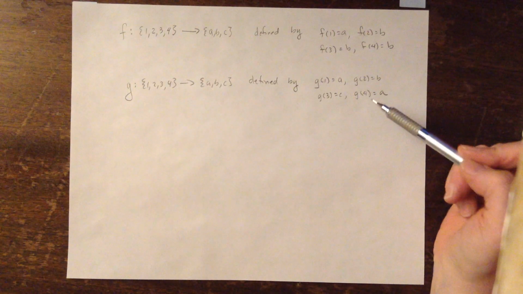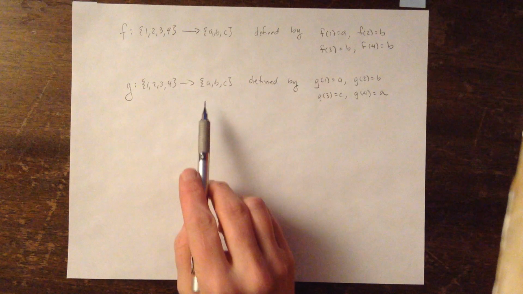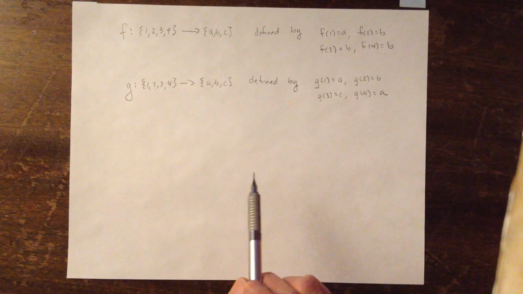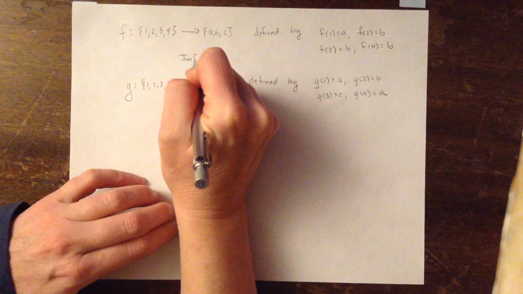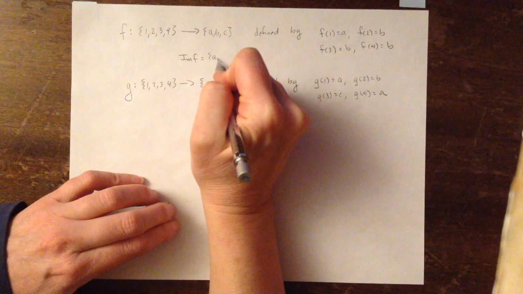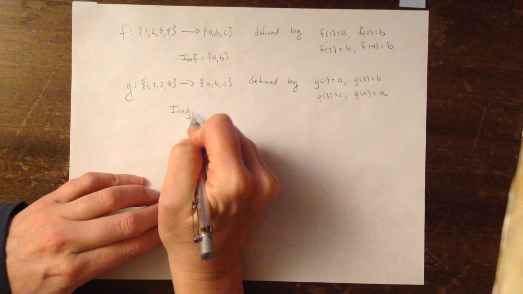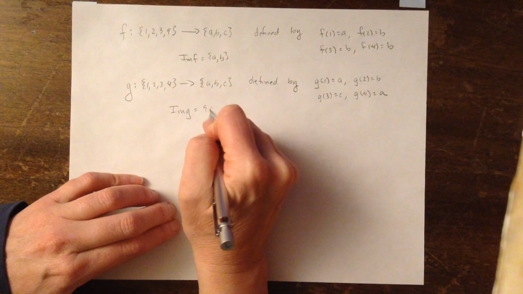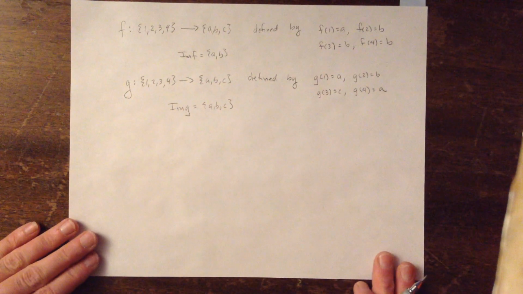This function G differs from F in that everything in this codomain has something sent to it. So if you look at the image of F, it is equal to just the set containing A and B, whereas the image of G is equal to all of the codomain.